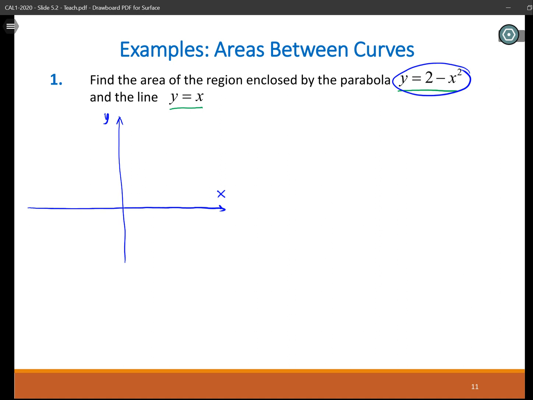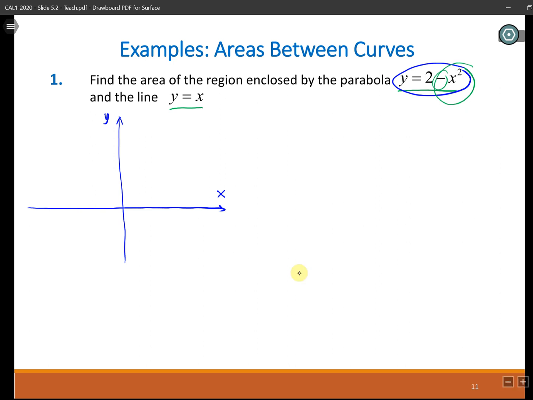I want you to look at this part by part. When you look at the whole thing, you don't know what it looks like, but if you look at just minus x squared, you know right away this is a parabola, right? But it's going to be an upside down parabola because we have this minus sign.